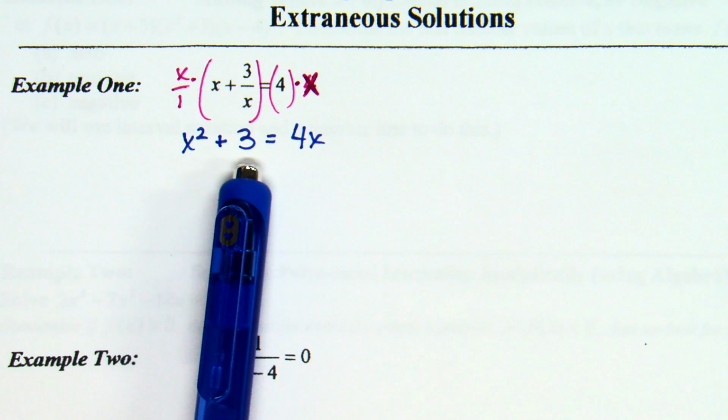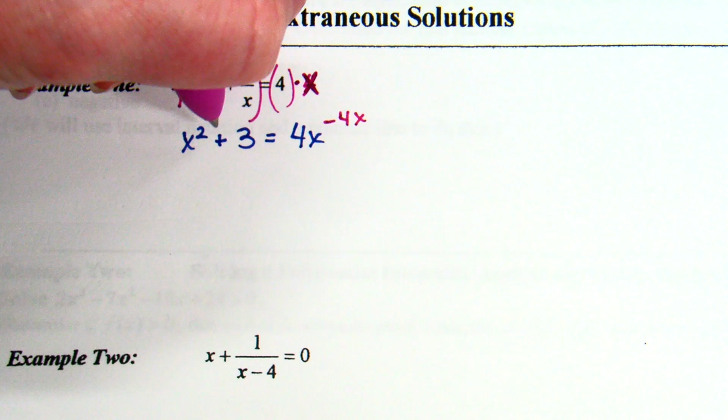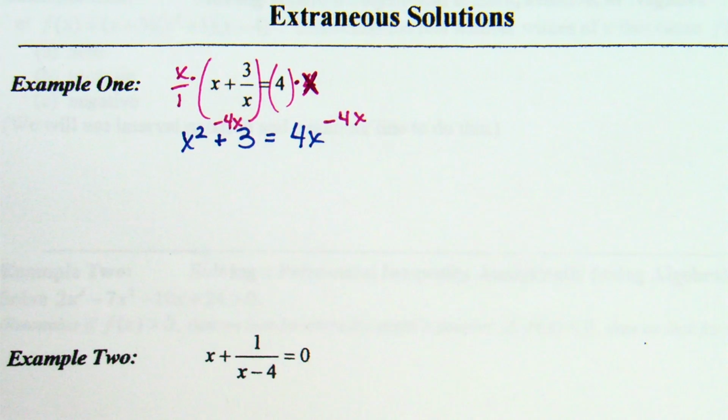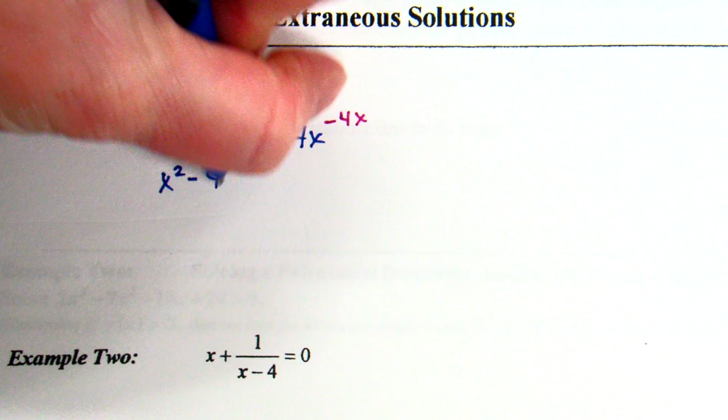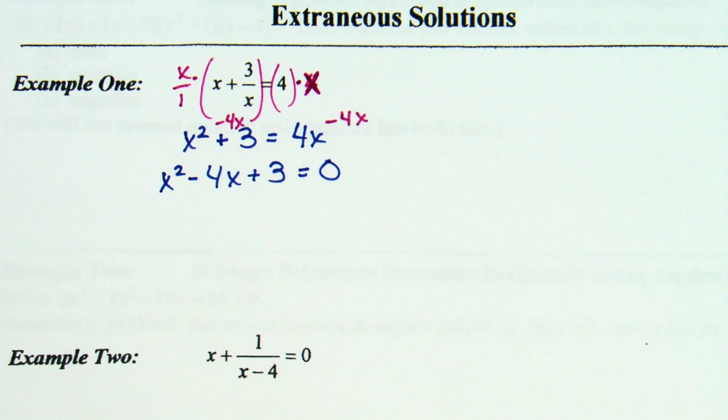So if this is a positive 4x, we want to subtract 4x. If I subtract 4x on the right, subtract 4x on the left. What's a good way to rewrite that left side? Okay, x squared minus 4x plus 3 equals 0.